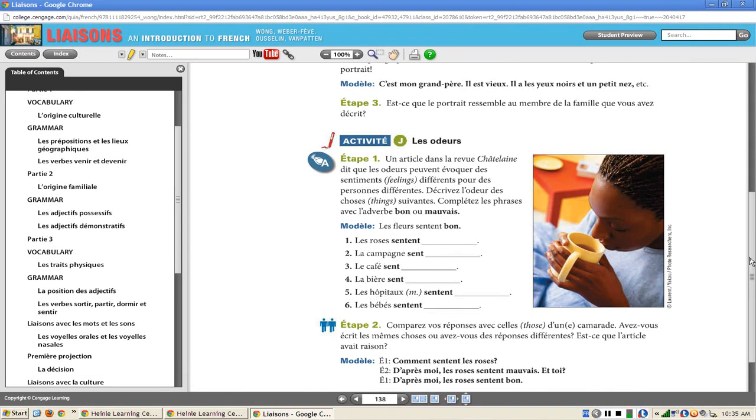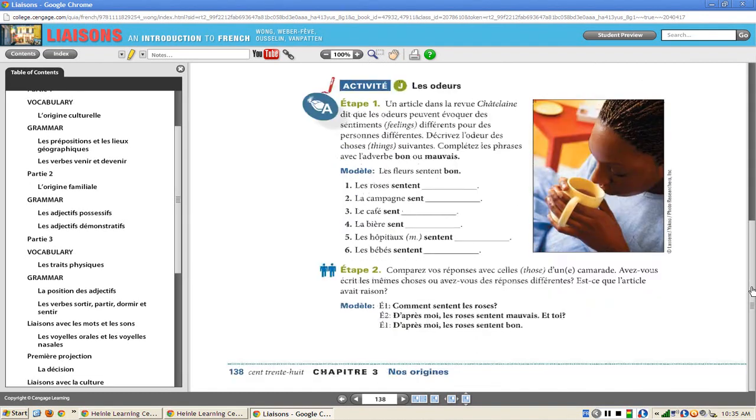Et puis ça continue. D'après moi, les roses sentent mauvais. Et toi, d'après moi, les roses sentent bon. C'est-à-dire, c'est subjectif. Notice the similarity between sentiment and sentir, odor. And you'll be learning in a later chapter, perhaps, if you continue on with French, that you can also use sentir in a more reflexive way.